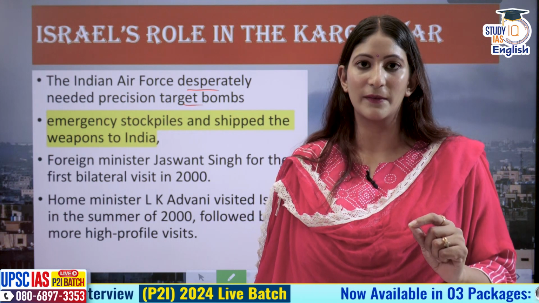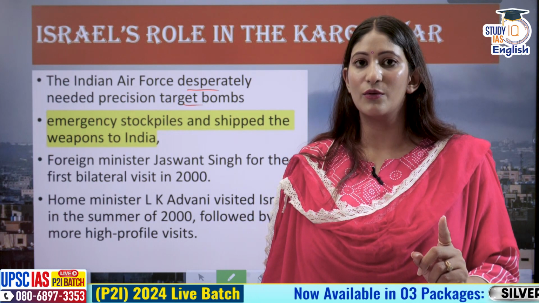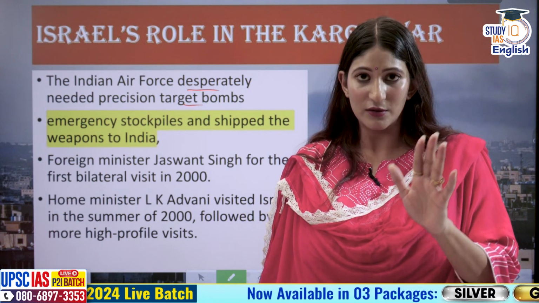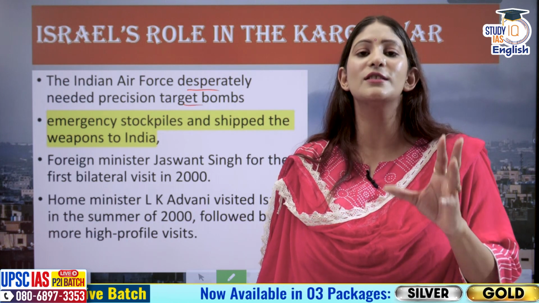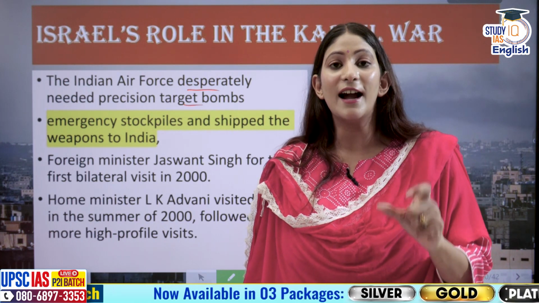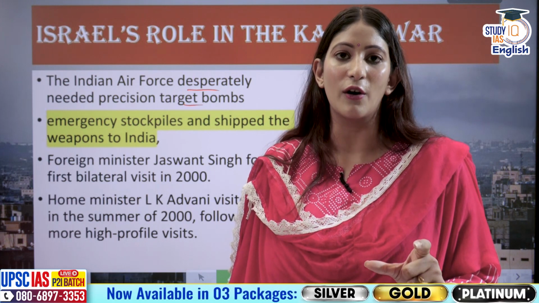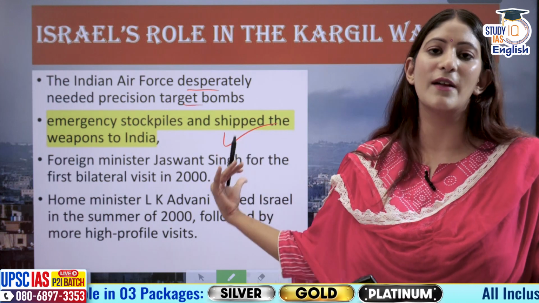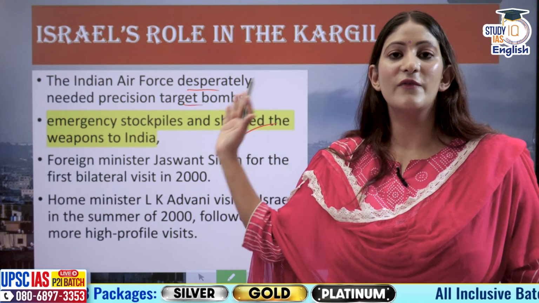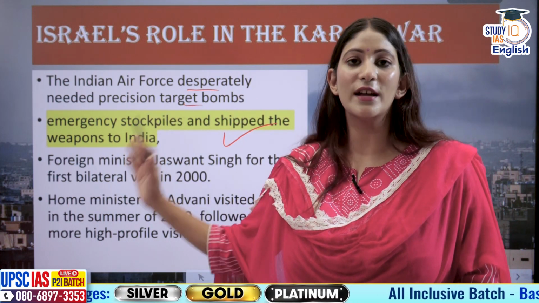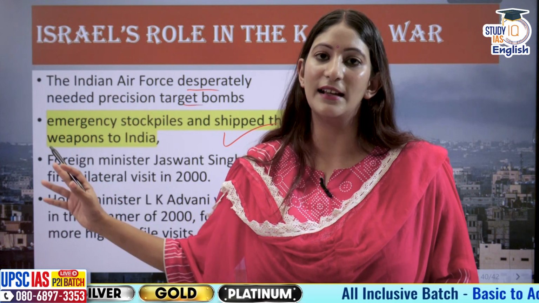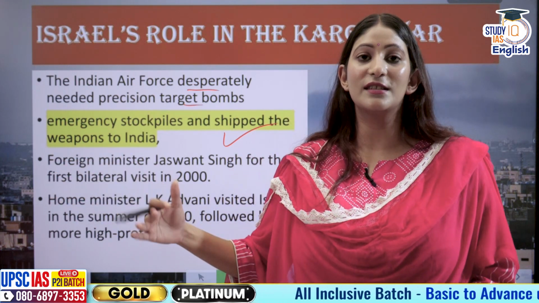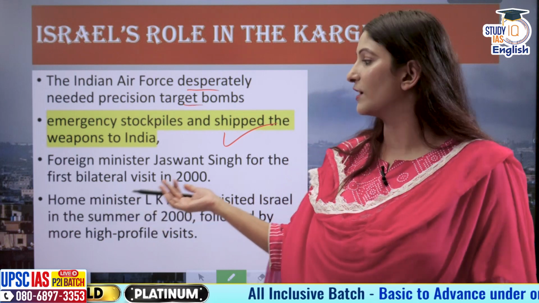Israel dug into their emergency stocks of precision bombs and shipped these weapons to us. This was very decisive in shooing away the Pakistanis who were hiding in caves and getting an advantage in the Kargil war.